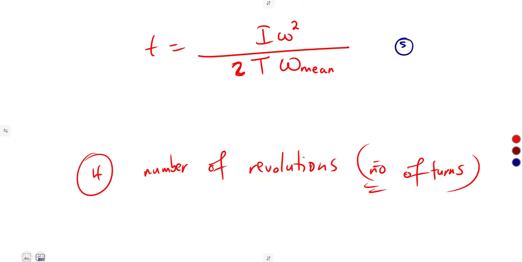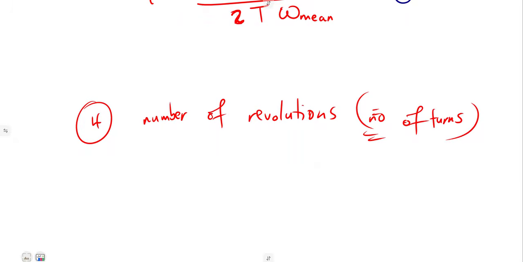So number of revolutions or number of turns can be obtained when we can find the angle, theta, in actual sense. When we consider a complete revolution, that's 2 pi radians, 360 degrees. So from that theta, you can have the number of revolutions.